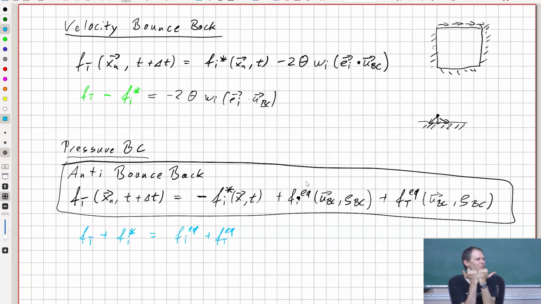What components of velocity would that actually have? In the equilibrium, there's a linear part of velocity, and then there is velocity square, right?